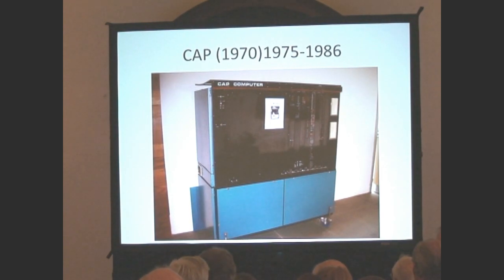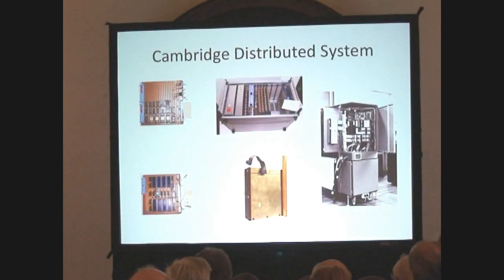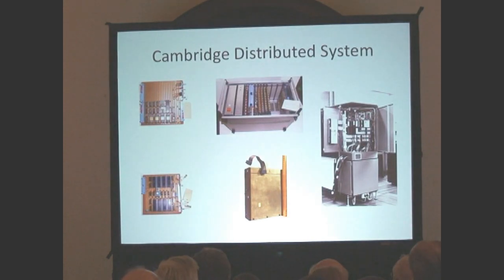I realized that actually we were still building machines well into the 80s, because what came after CAP was the Cambridge Distributed System, which, in this modern day and age, you would call a cloud computing system. The idea was you had a network that connected users at terminals to processors somewhere out there across the network. You said, run this program for me on this data, described using, well, actually network capabilities.